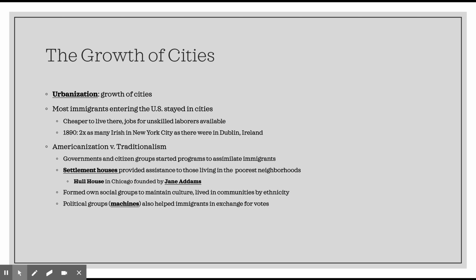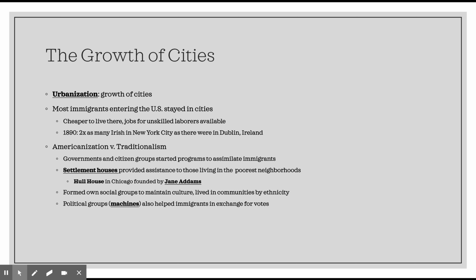And immigrants would also form their own social groups in order to maintain their culture. They would often live in communities by ethnicity. For example, in New York City, you had places like Little Italy. Out in LA, you had places like Chinatown, as well as in Washington, D.C. Those names came from neighborhoods where you had a lot of people from a certain ethnic group living in that community, right?